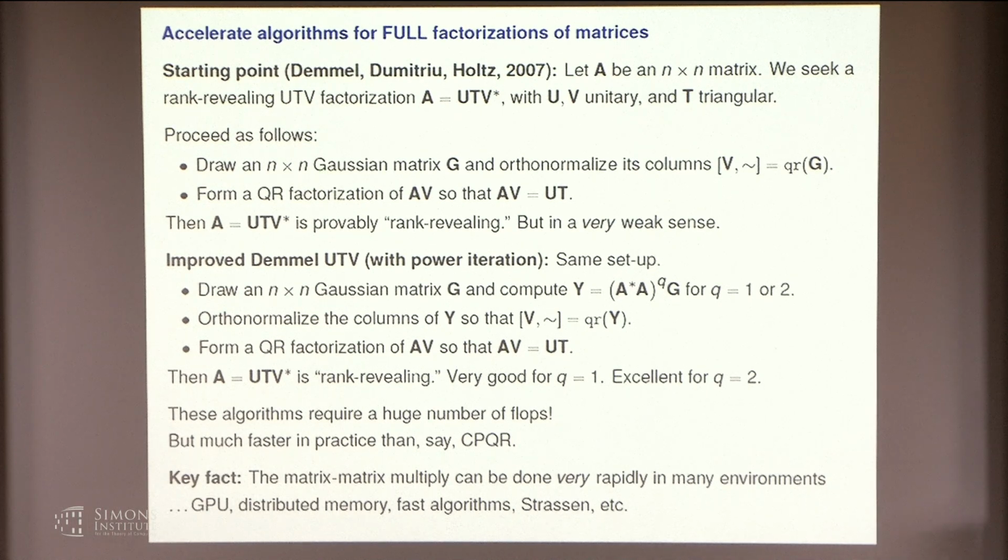And in some ways, it's a silly algorithm because it takes a lot of flops. But the key is that everything here is very, very fast on modern processors. So I think Demmel's starting point in investigating these things was looking at things like Strassen matrix multiply. There are, of course, these algorithms for multiplying two matrices that are faster than cubic complexity. And they showed that you can do this in a perfectly stable way.